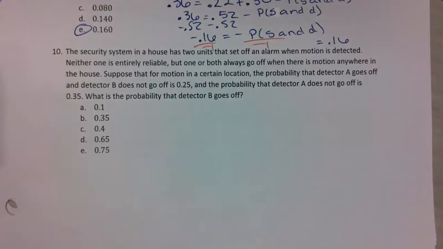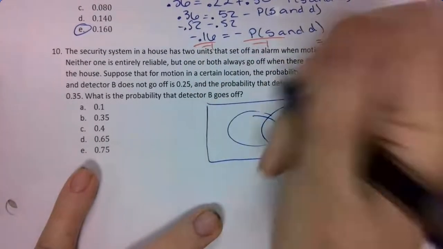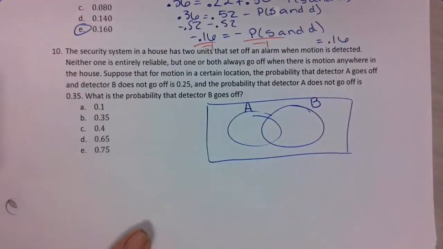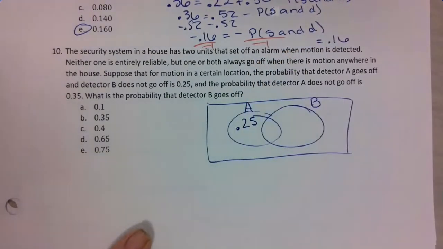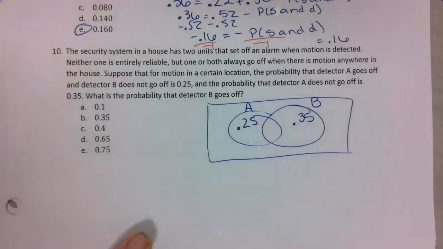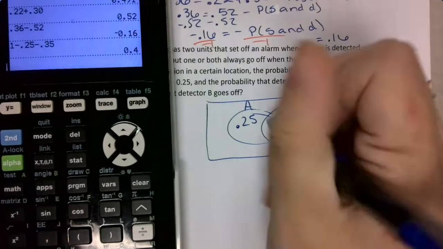So, one way to think about this is I can go ahead and draw a Venn diagram. I have two motion detectors, A and B. I know that A going off but B not going off is 0.25, and A not going off and B going off is 0.35. Then I know, because these are probabilities, they have to add to 1, so I can find my missing probability. 1 minus 0.25 minus 0.35 gets me 0.4.